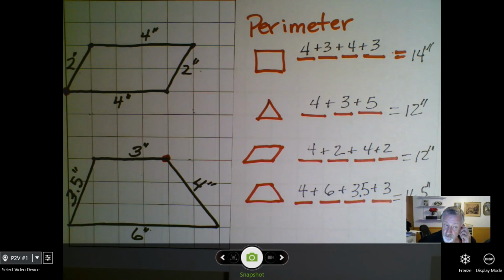The same thing is true for a rectangle and some of the others. But just for ease of understanding at the moment, understand that when you're doing perimeter, you pick a starting point, you walk around the entire shape till you get back to your starting point and record all of those measurements.